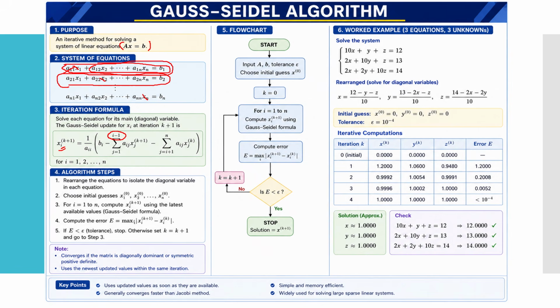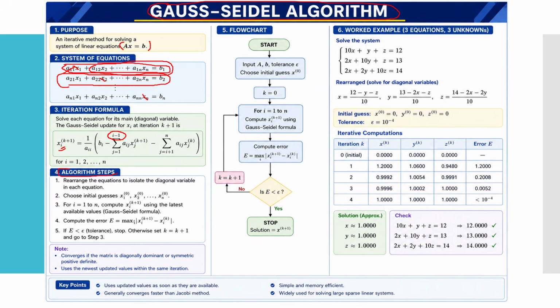So the general algorithm for this Gauss-Seidel method is stated in this topic, point 4. It lists the steps. First, we arrange the equations to isolate a diagonal variable. Like I said previously, we have a11 x1 up to a1n xn here.